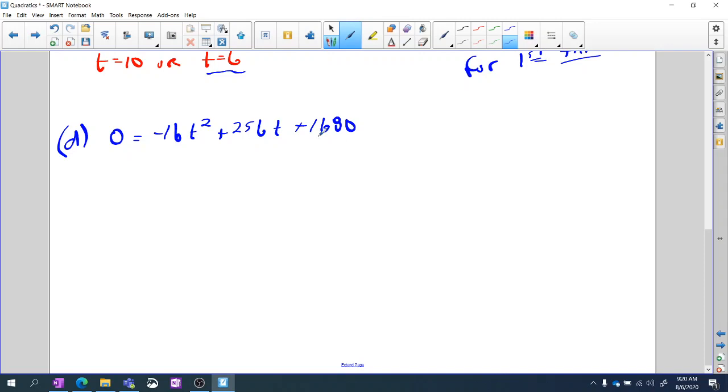That goes evenly, 105. Okay, so I'm going to divide everything by, how about we divide everything by negative 16? Again, that won't change over here, but it'll switch this to a positive for us. Zero equals t squared, subtract 16t minus 105.